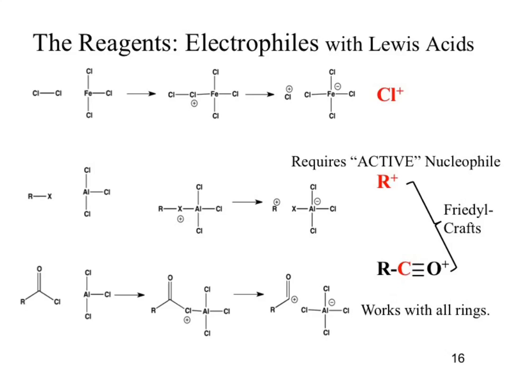Any ideas why it must be raring to go? Positive carbon. Is that stabilized by anything? Or R positive here? Let's go through and actually pick an example. That was my electrophile.